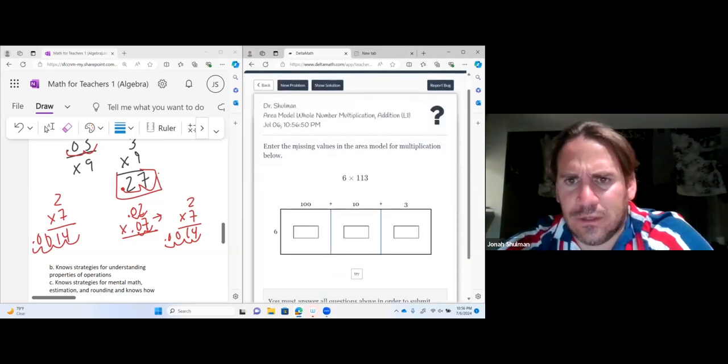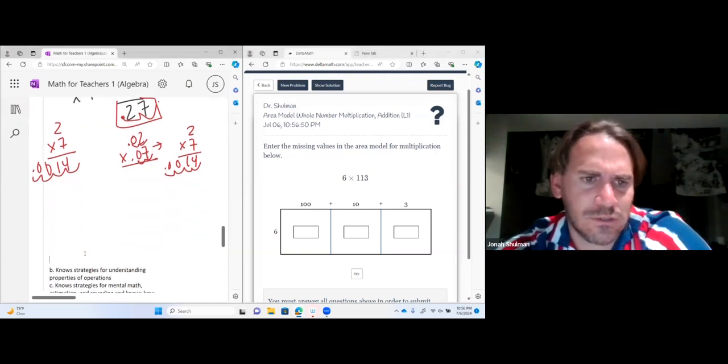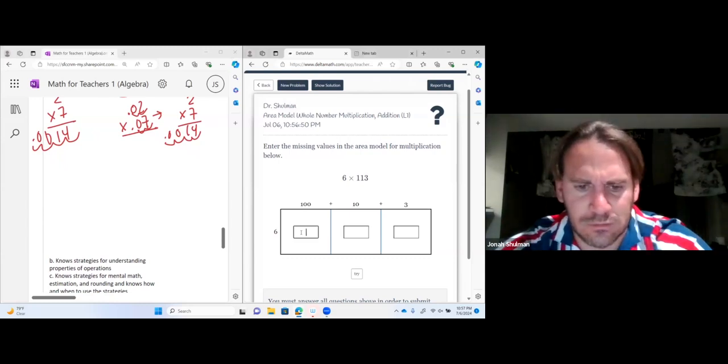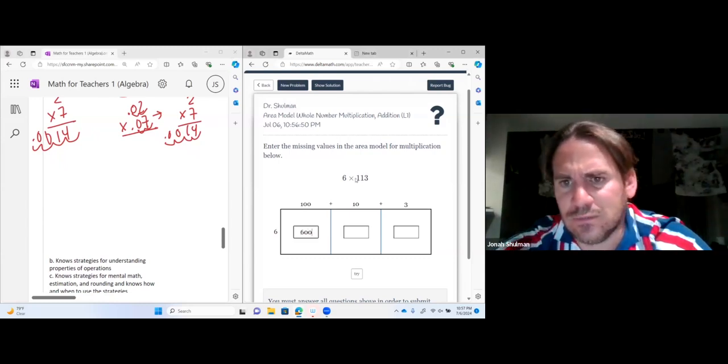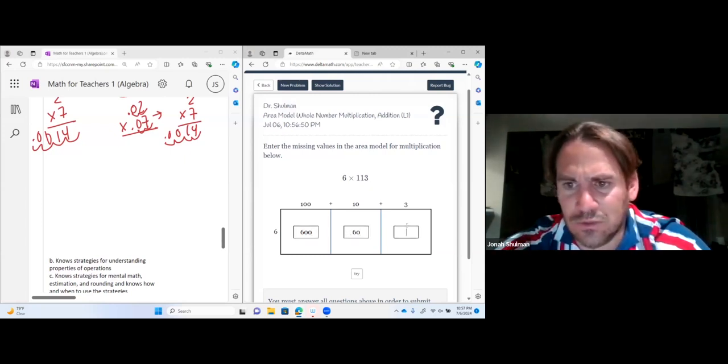All right. Enter the missing values needed. Okay, so this is another way of showing multiplication, which I've seen a ton, this method. So 6 times 100 is 600. So they do 6 times the first piece, 6 times the second piece, which is 10, and 6 times the third piece. And 6 times the third piece is 18.